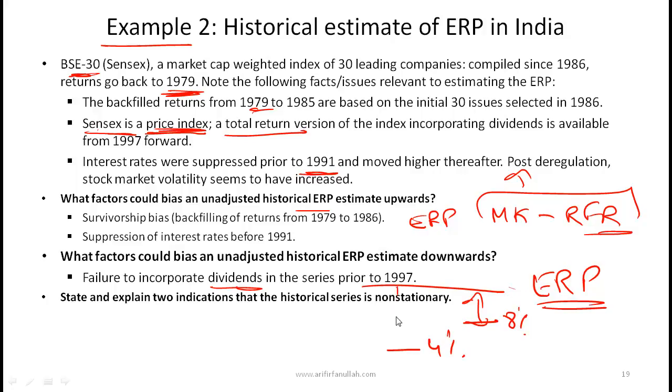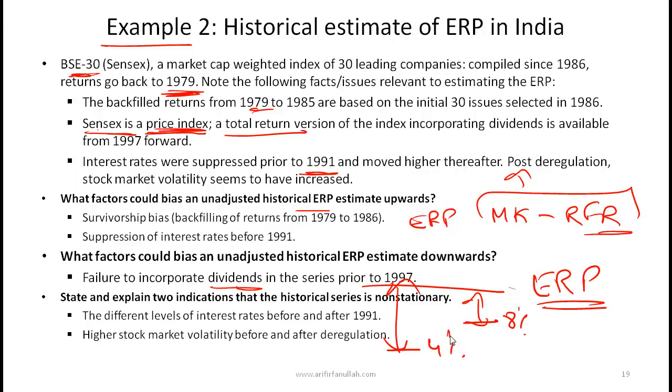So the equity risk premium, the value, fundamentally changed. So is that non-stationary? During this time, the data is non-stationary. So just recognizing this is what you need to know. We don't need to say what we do about it. So we leave it at that.